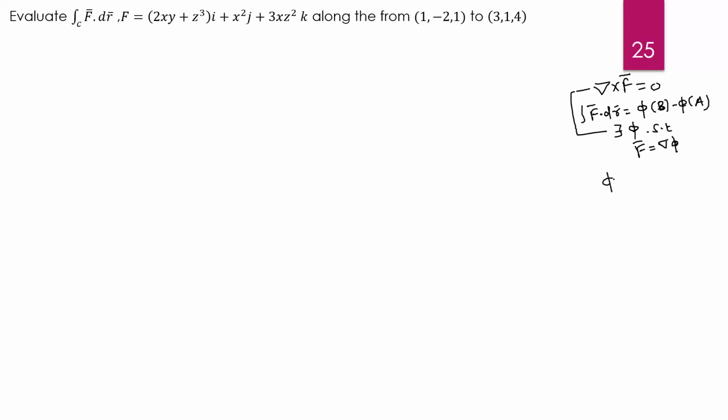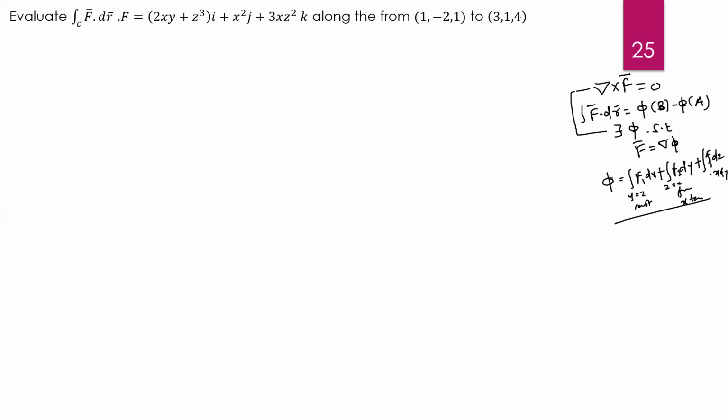Otherwise, using the formula phi is equal to integration of f1 dx, where y and z are constant, plus integration of f2 with respect to y, z is constant and free from x term, means the term not containing x. And the last, integration of f3 with respect to z, free from x and y terms, plus the integration constant. We use this formula for finding the phi.